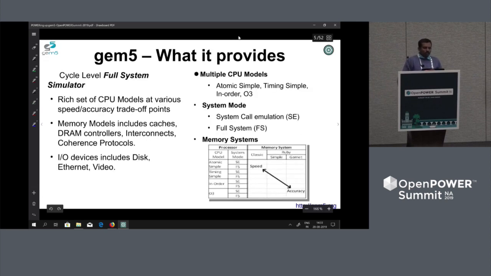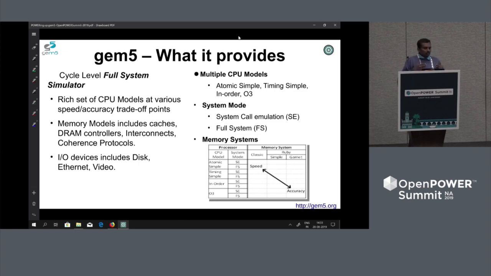Right. What gem5 provides is a rich set of CPU models that simulate the processor at different design points, starting from a simple functional simulator up to a completely out of order simulator with all the components required to do out of order simulation.